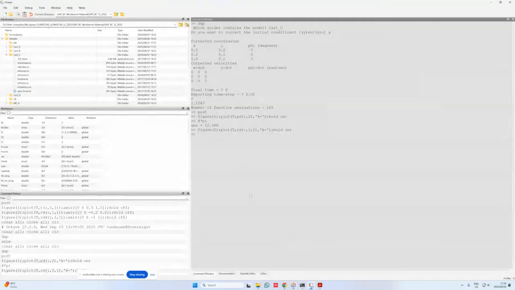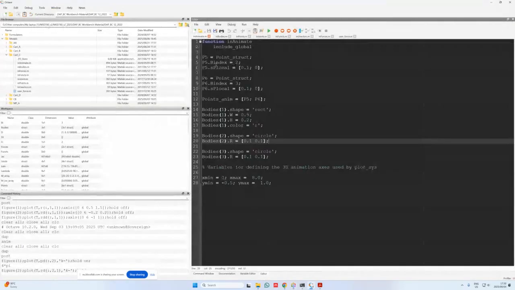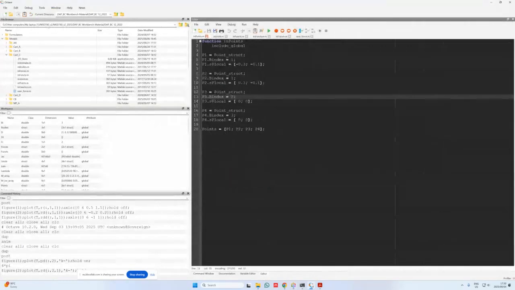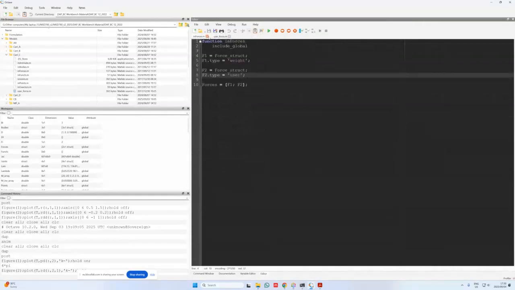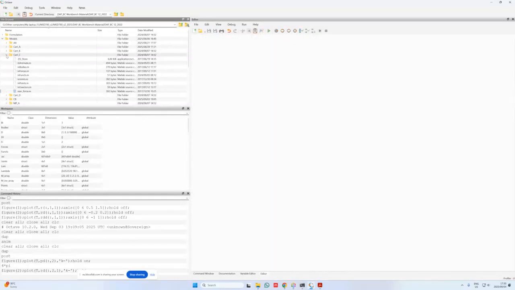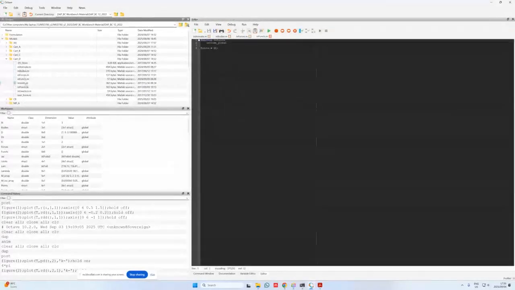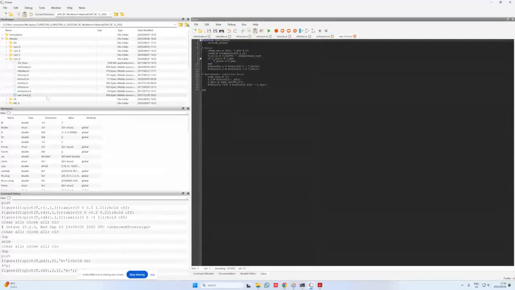Now I'm just going to head to the editor over here. We can close the input files that we had for cart C. And then if I open cart D's input files, we can run through them. Okay, so in bodies is going to remain exactly the same.